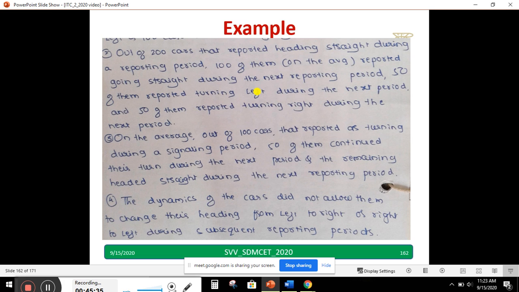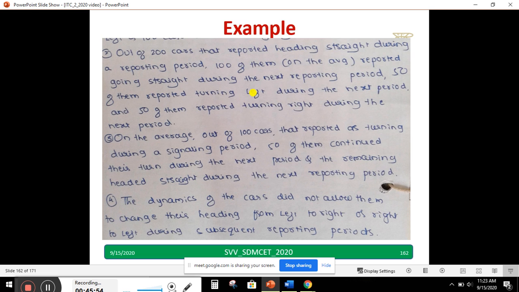I'll read it. Out of 200 cars that reported heading straight during a reporting period, 100 of them reported going straight during the next reporting period, 50 of them reported turning left during the next period, and 50 of them reported turning right during the next period.